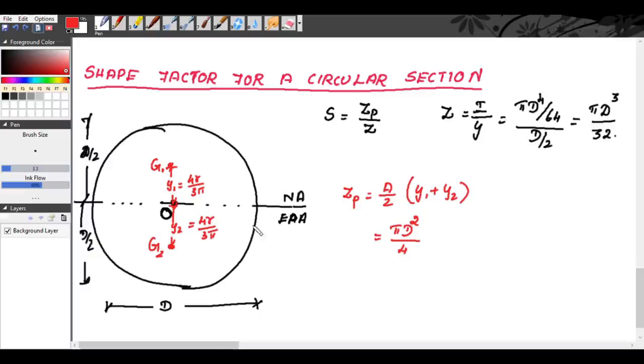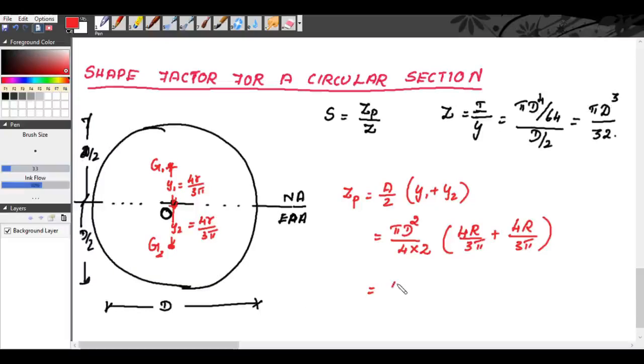Divided by 2, multiplied by y1, where y1 is 4r by 3 pi, plus 4r by 3 pi.